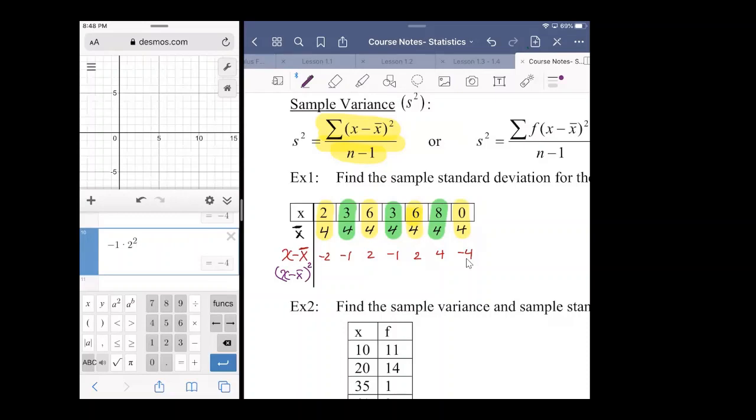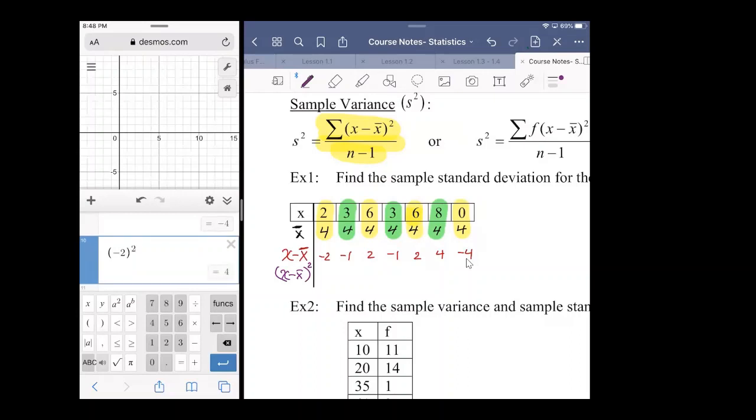Whether that's what you intended is a different story. Whenever you raise a negative value to a power, you want to get that negative value in parentheses.